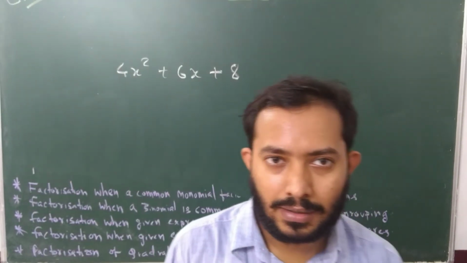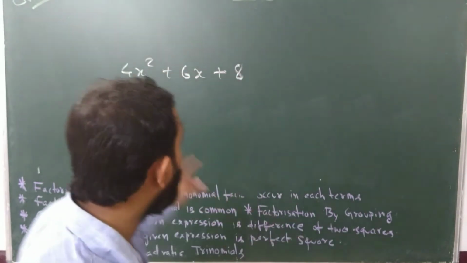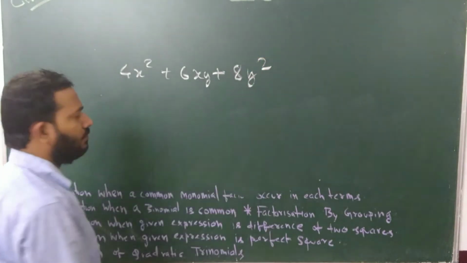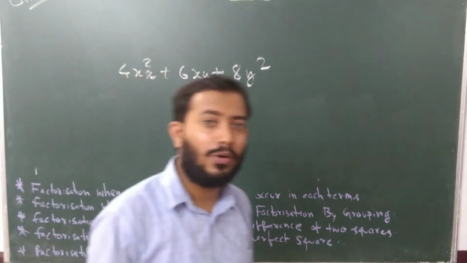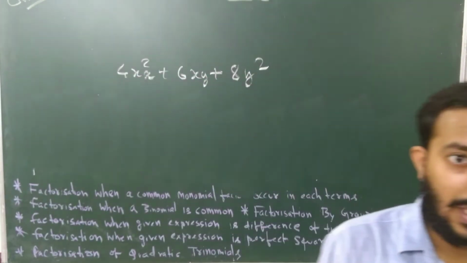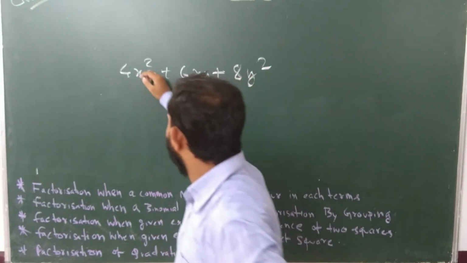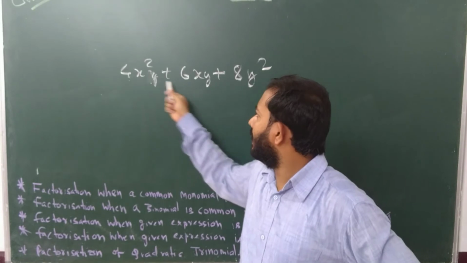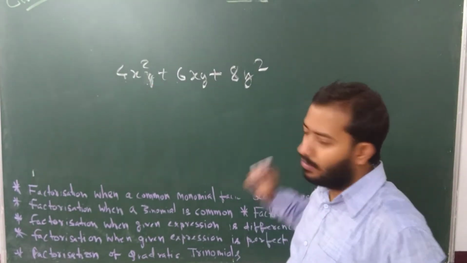Here you can find a common number in each term. You can write here x, y also, and you can write here y square also. And if you write here x, then you may get more in common. So if you see the common in this part, you write here y. You can see that there is 2 common in each term and y common in each term.